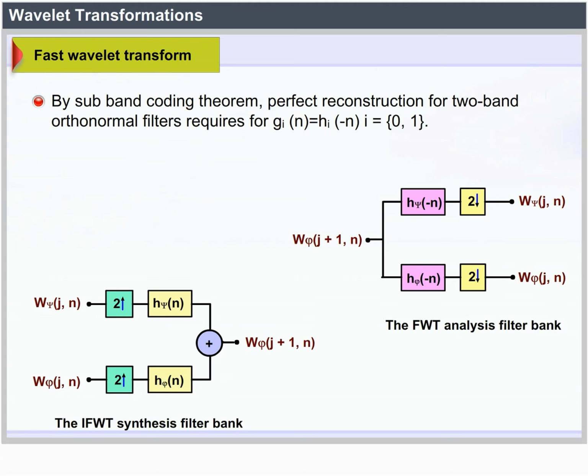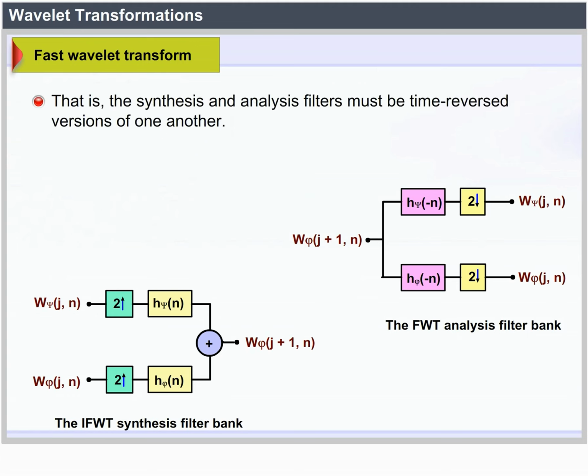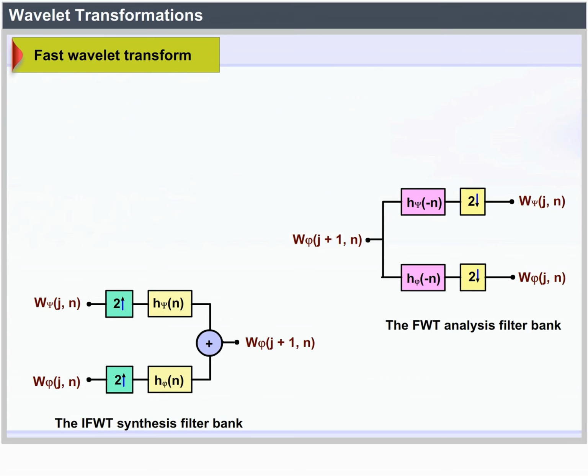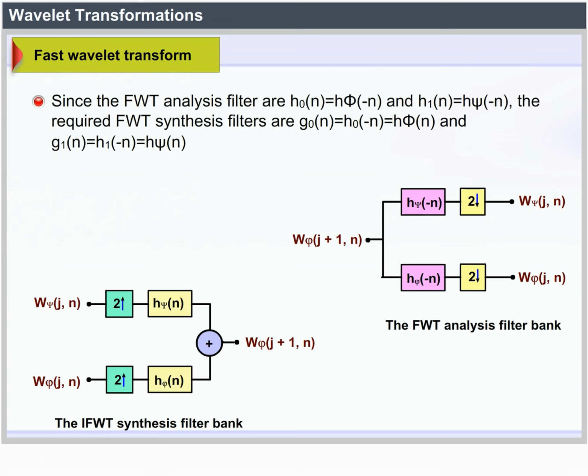That is, the synthesis and analysis filters must be time-reversed versions of one another. Since the FWT analysis filters are h_0(n) equals h_phi(-n) and h_1(n) equals h_psi(-n), the required FWT synthesis filters are g_0(n) equals h_0(-n) equals h_phi(n), and g_1(n) equals h_1(-n) equals h_psi(n).